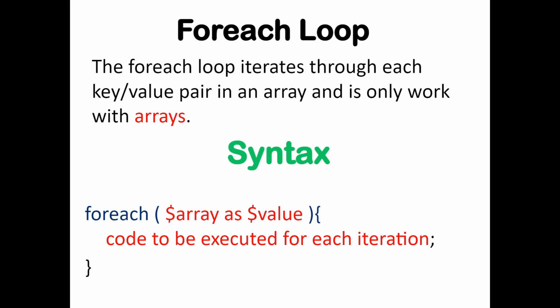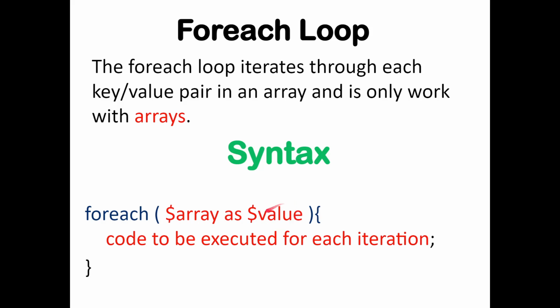Okay, so now let's learn about the foreach loop. The foreach loop loops through a block of code for each element inside the array. So this will work only for the array. Its syntax is very simple. First we give the name foreach, then inside the bracket we give $array. This is the name of the array, and we create a variable.